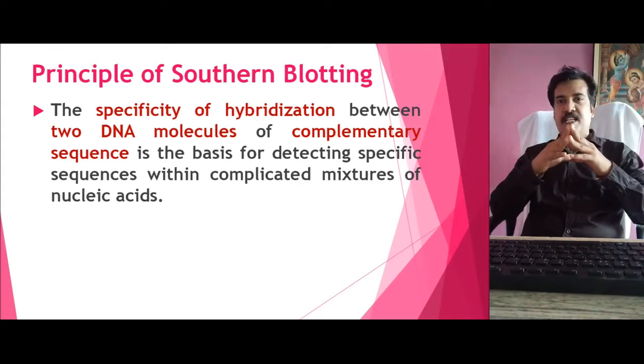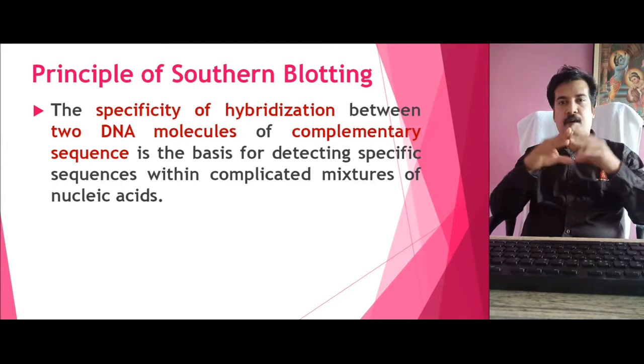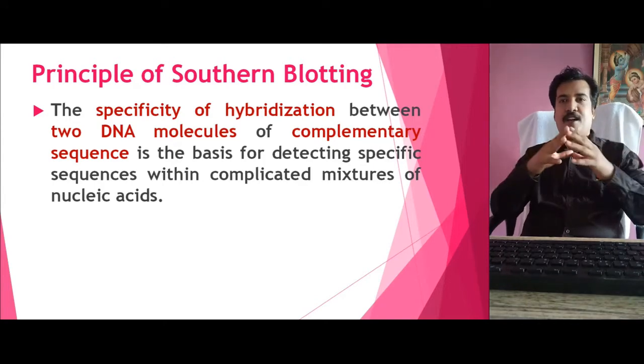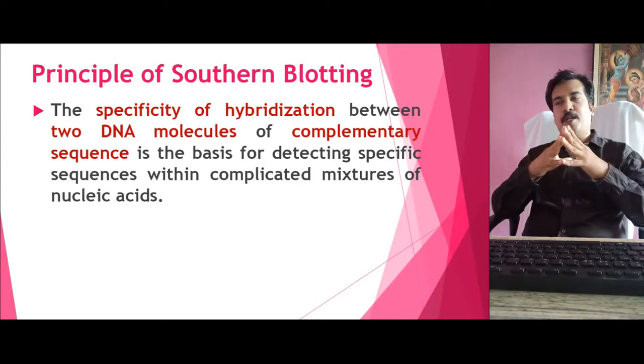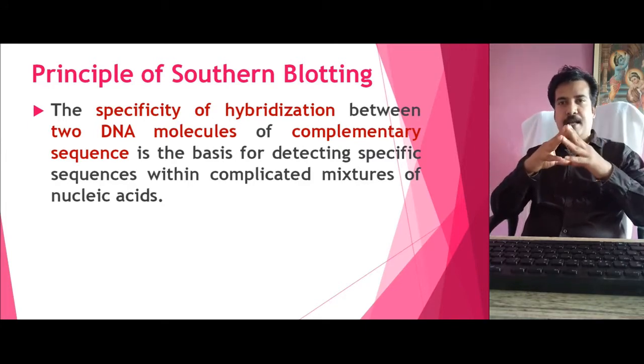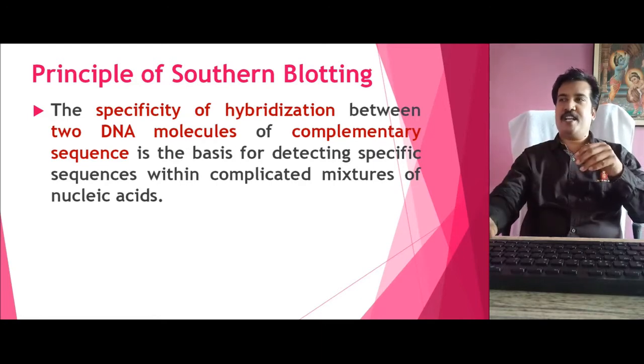The specificity of the hybridization between two complementary strands forms the basis of detecting the gene of interest from a complex mixture of different sequences of DNA molecules. So the southern blotting technique helps us to identify the specific DNA, that is the gene of interest, from the mixture of DNA based on the specificity of hybridization.